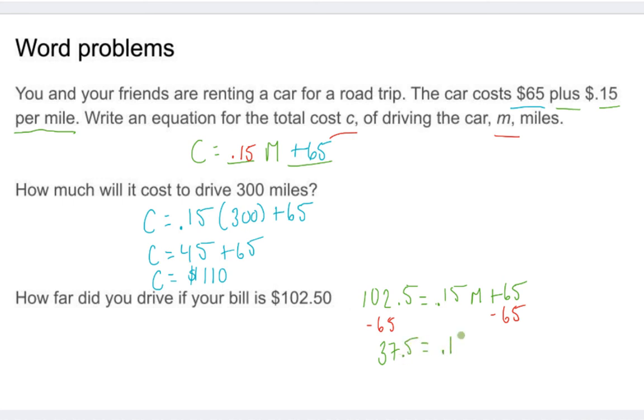And over here on the right-hand side, we still have 0.15 times m. To do the opposite, we're going to divide. So m is going to equal 250 miles. So we can check to make sure that the rental company charges us the right amount.